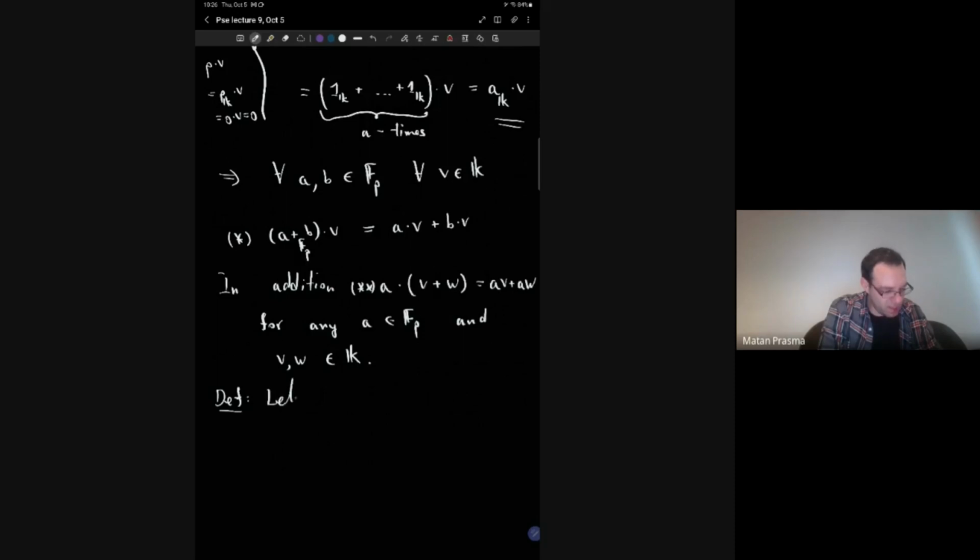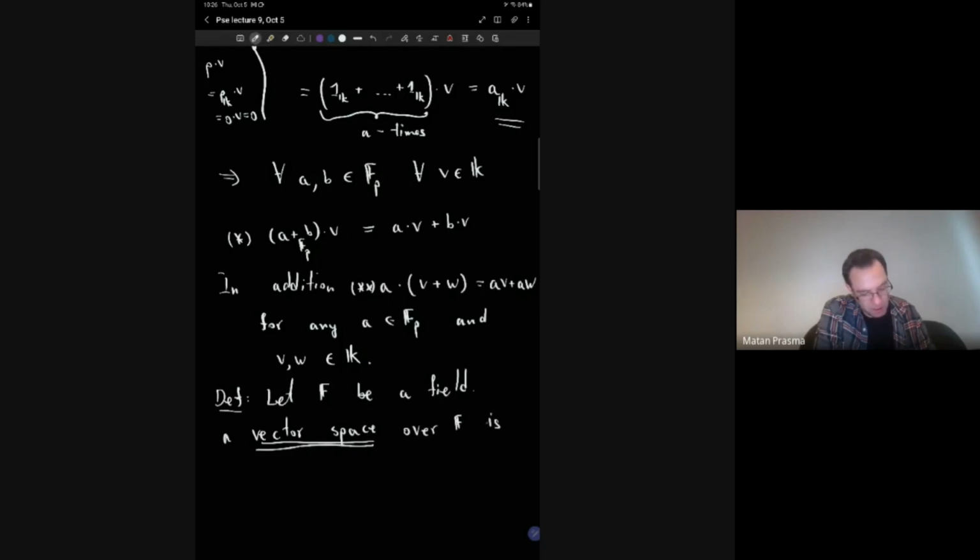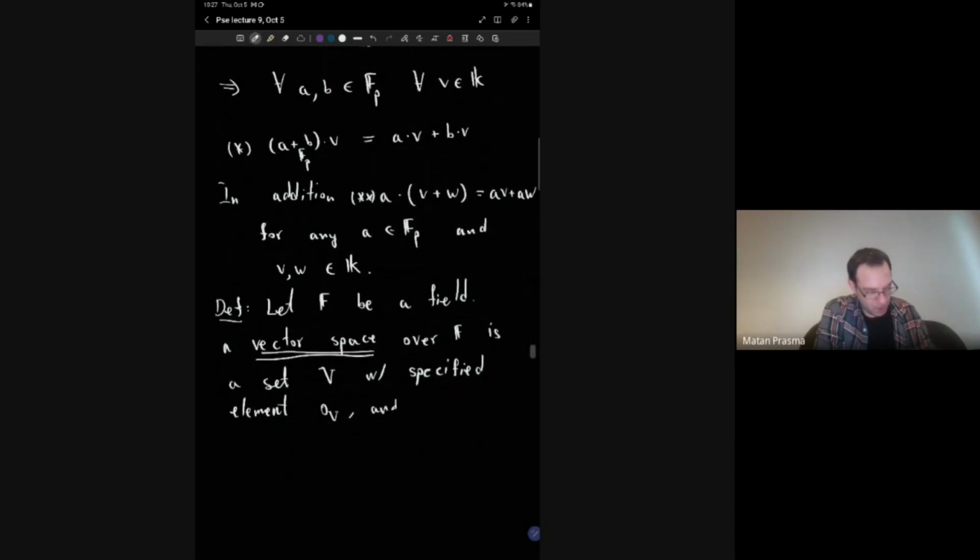So let F be a field. A vector space over F is a set V with a specified element 0_V, and binary operations.